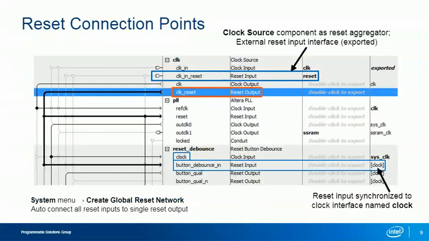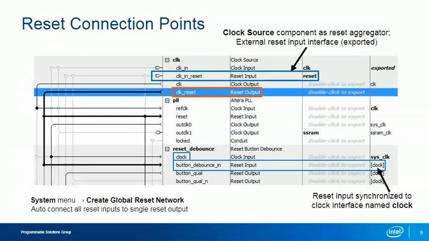In the example shown here, resets are being hooked up manually. The reset input interface of the clock source component is exported to connect to an external reset signal. The reset output interface of the clock source component is connected to the reset input interfaces of components in the rest of the system.